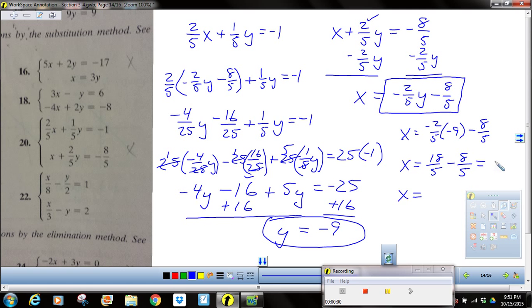That would be 10/5, and 10/5 is 2. So I know what x is, I know what y is. The ordered pair that's the solution is (2, -9). Notice it was a lot more work because of the fractions. When there's fractions, this may not be your best method to solve.